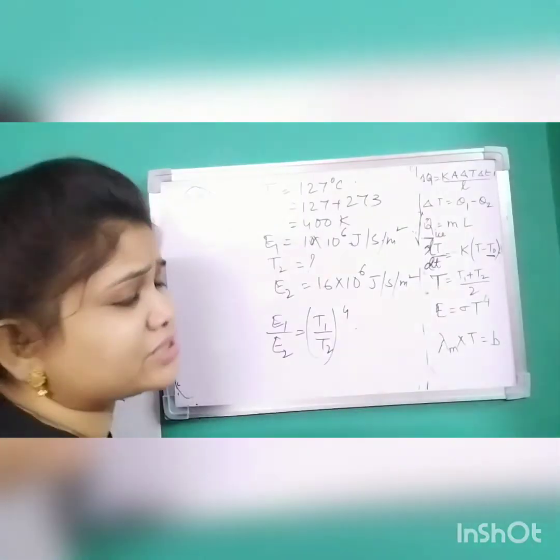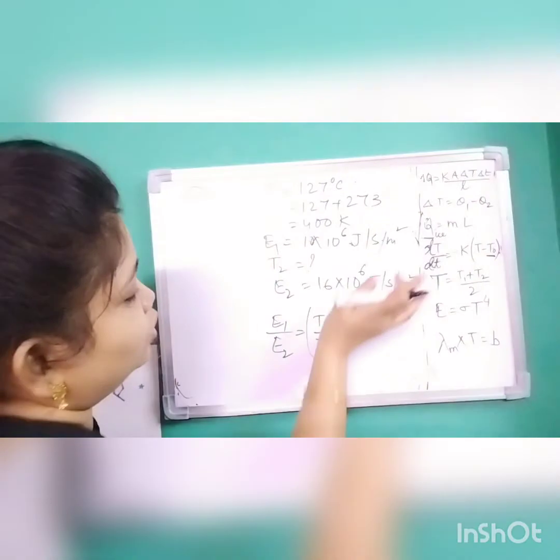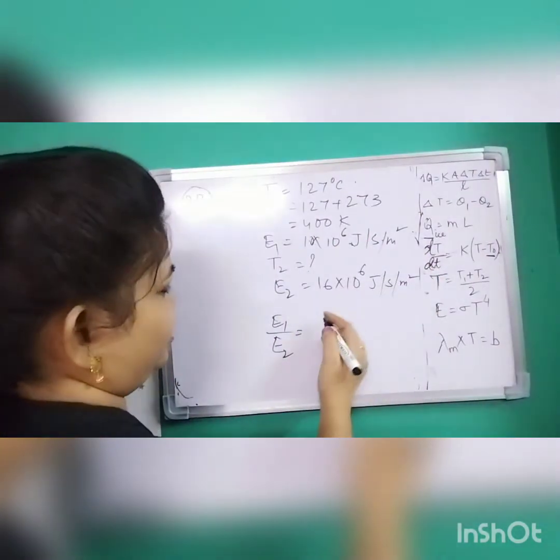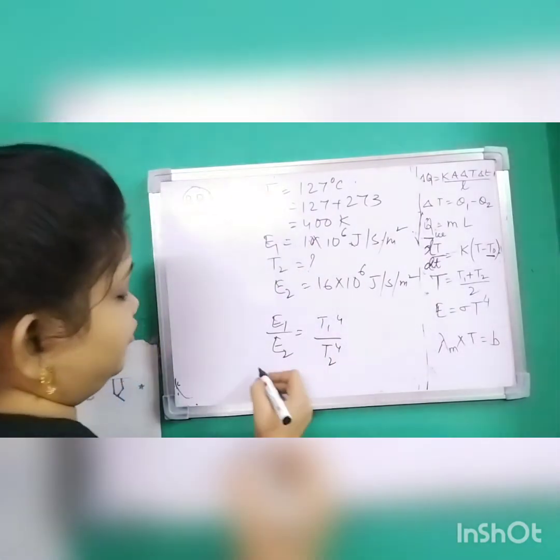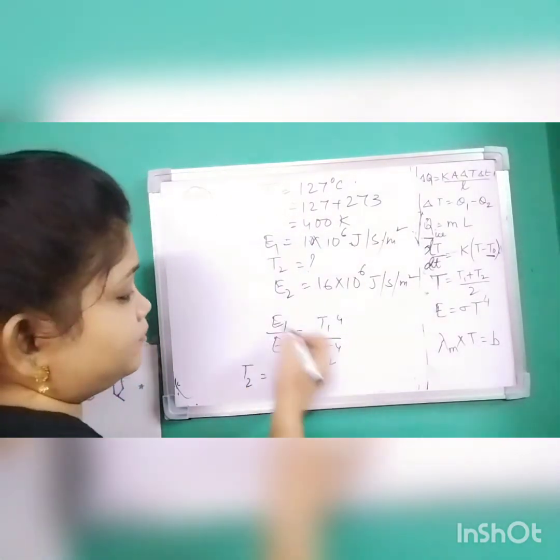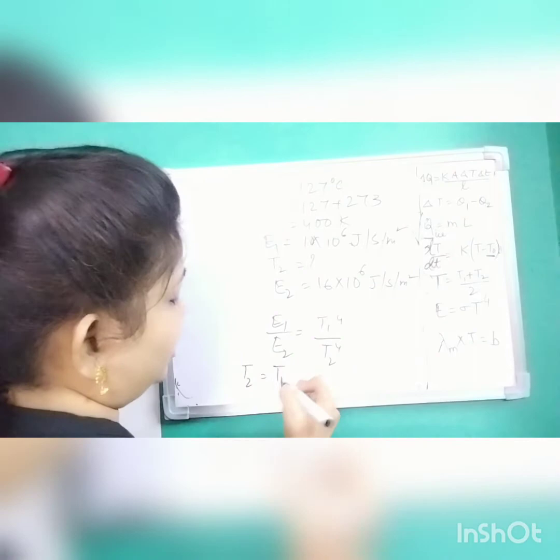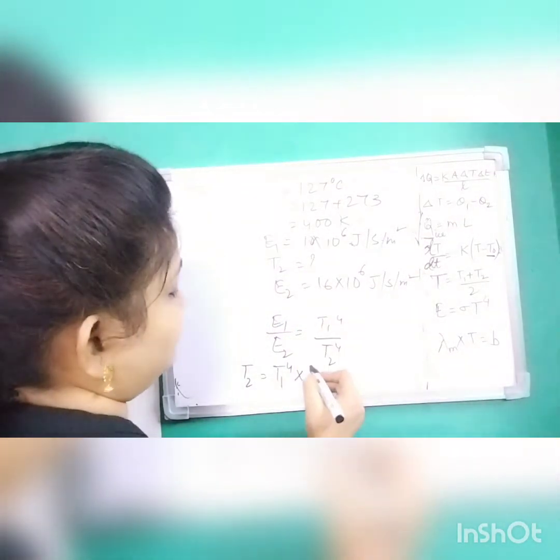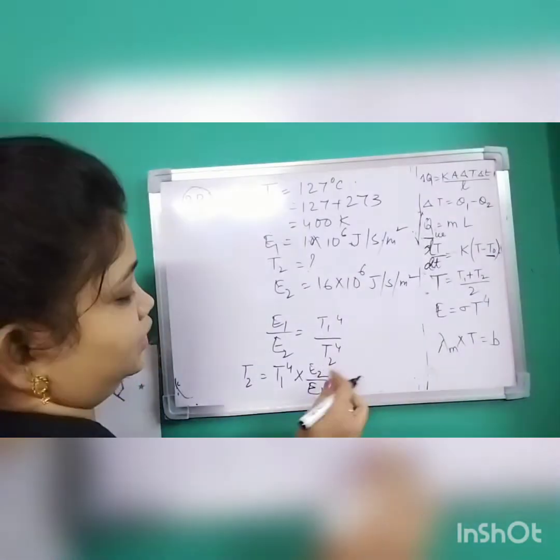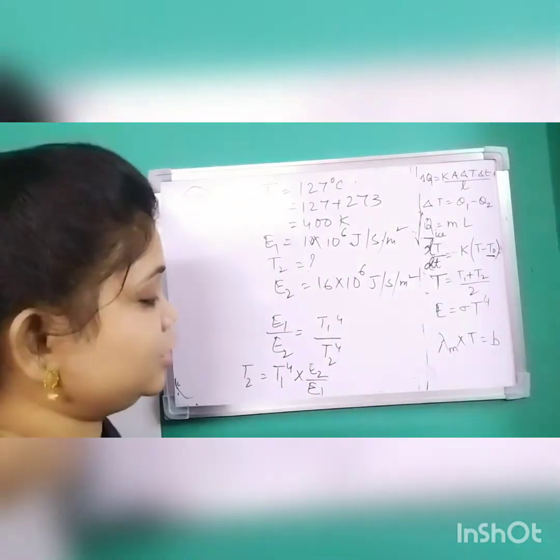Obviously T2 is not known to you. So what will T2 be equal to? T2 will be equal to T1 whole 4 into, when this comes to this side, E2 by E1.